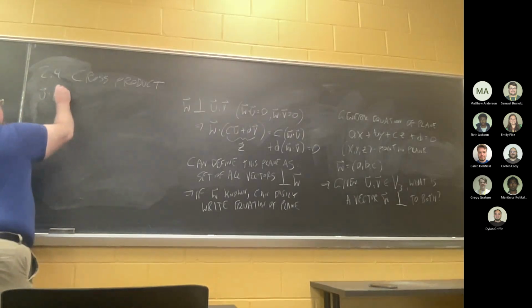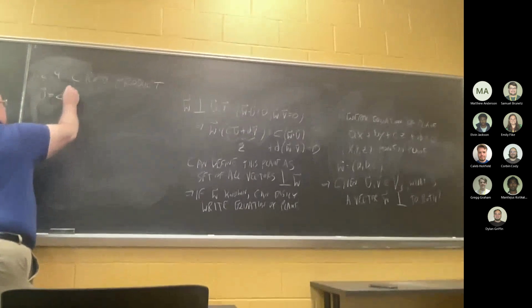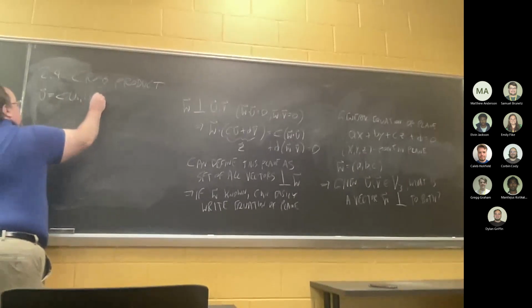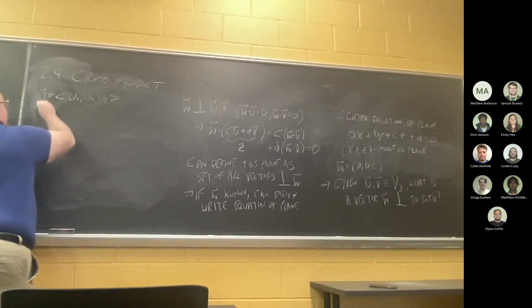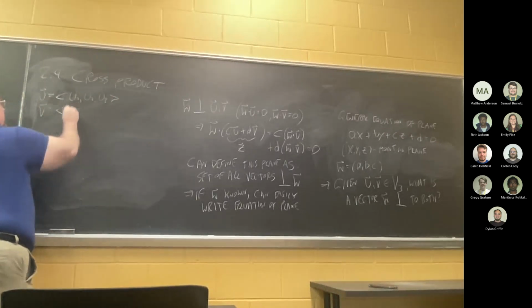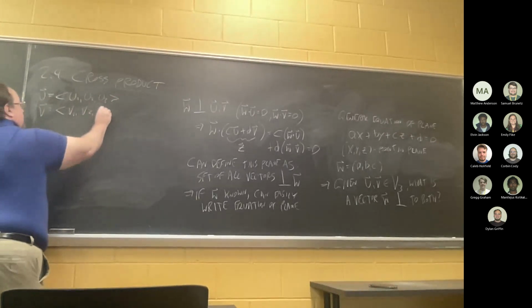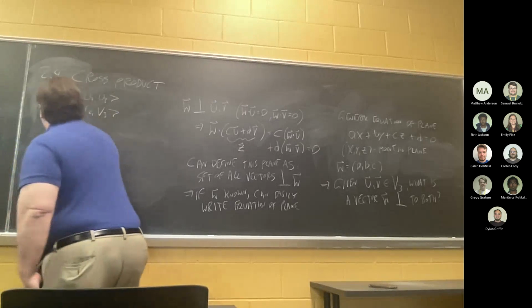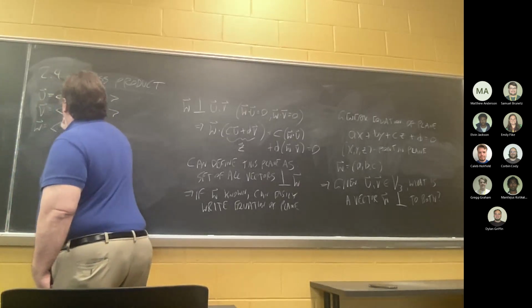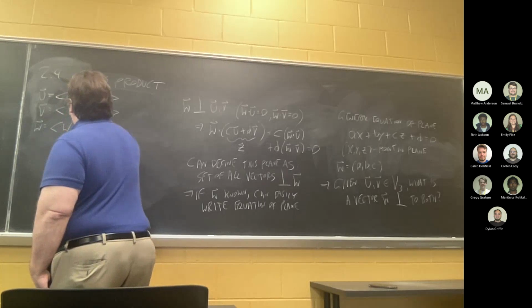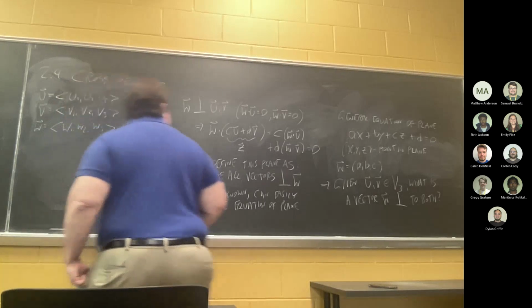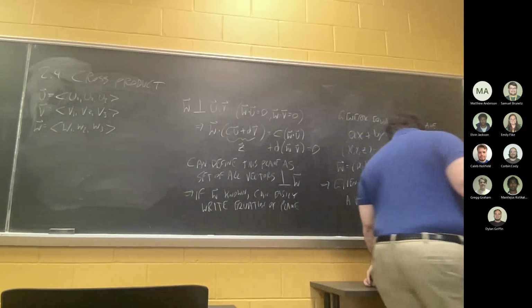I can let U be the vector 1, 2, 3, and then similar descriptions for V and W, with X, Y, and Z components.